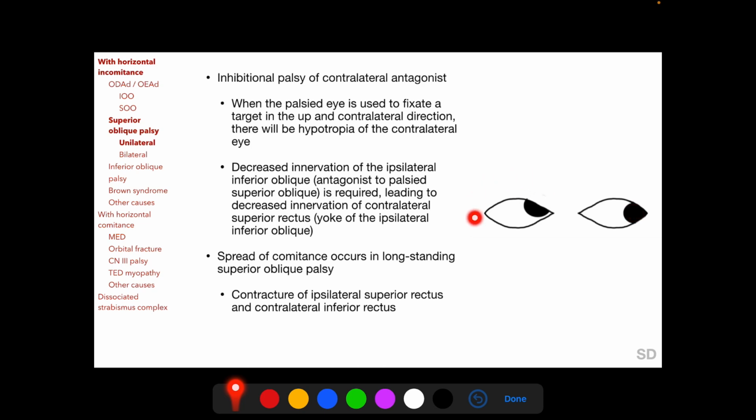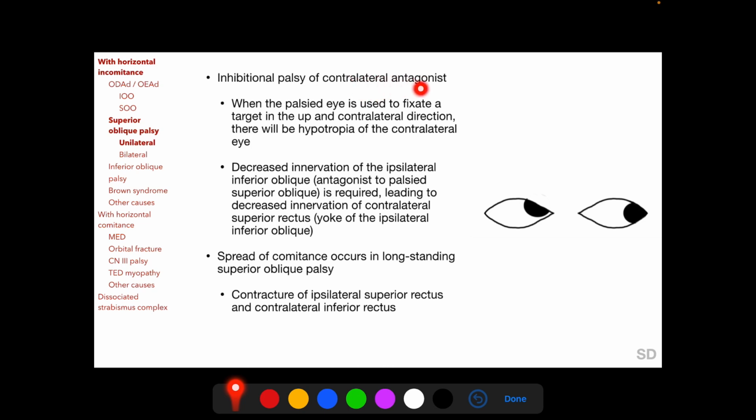This is because in the adducted position of the eye, the inferior oblique muscle is the main elevator of the eye, but the inferior oblique muscle requires decreased innervation because its antagonist, the superior oblique muscle, is palsied, and consequently, because of the decreased innervational requirement of the ipsilateral inferior oblique, the yoke of the ipsilateral inferior oblique, that is the contralateral superior rectus muscle, which elevates the contralateral eye in its abducted position, also receives decreased innervation according to Hering's law, and because of this decreased innervation to the contralateral superior rectus, there is hypotropia of the contralateral eye, and this is called inhibitional palsy of the contralateral antagonist.